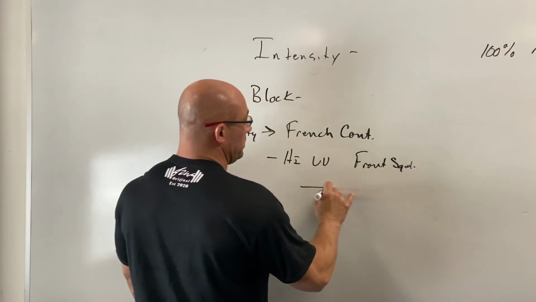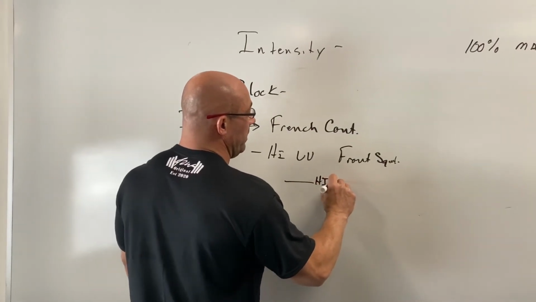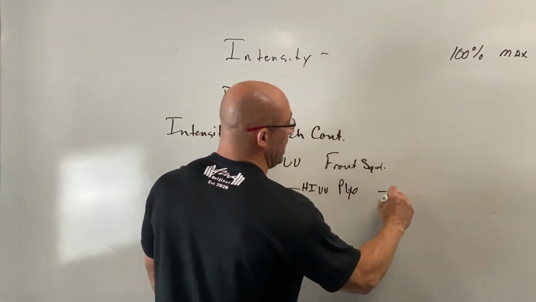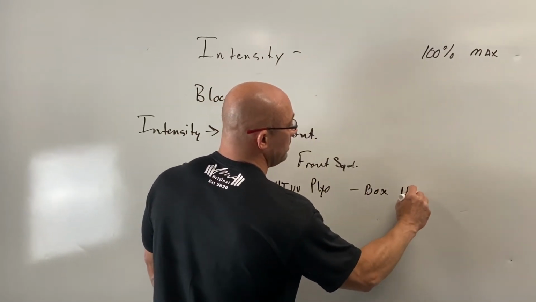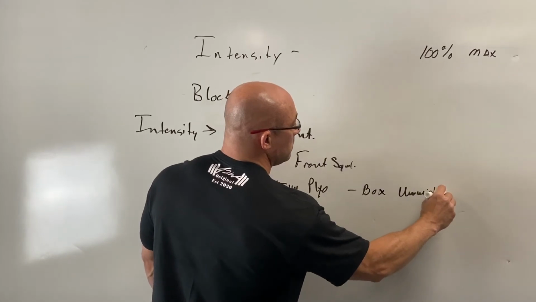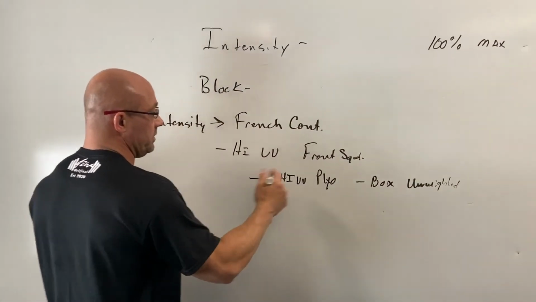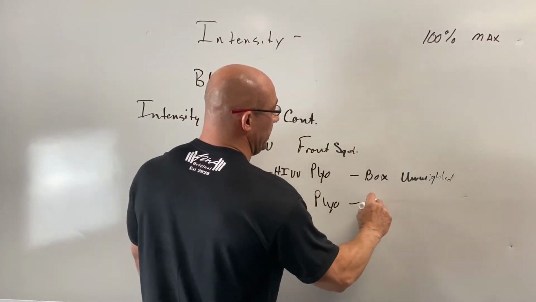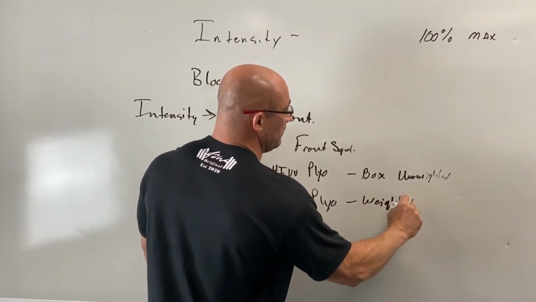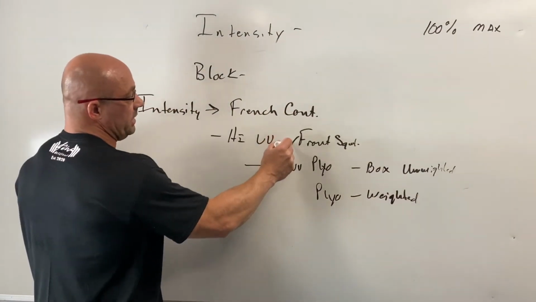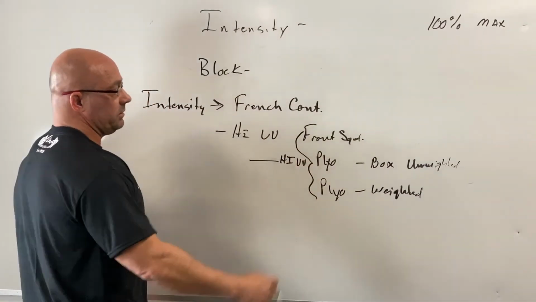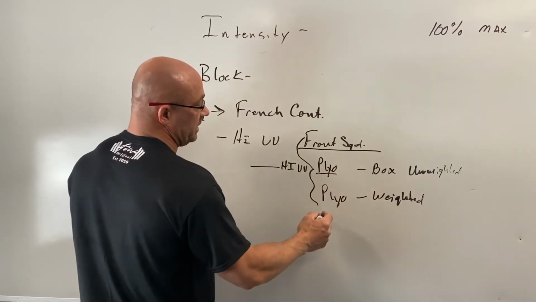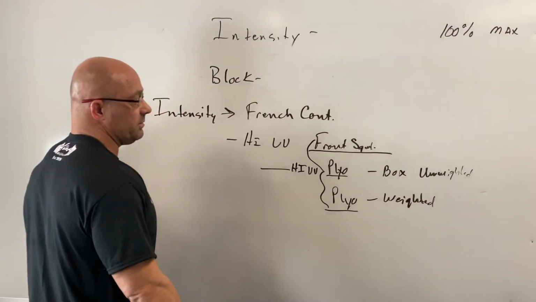Then you can do high intensity, low volume on a plyo, such as a box jump, unweighted. And then you can increase intensity by, say, a plyo that's weighted. And so you can fluctuate the intensity between each one. This one being the highest intense, next lightest intense, and then of course the heavy intense being weighted.